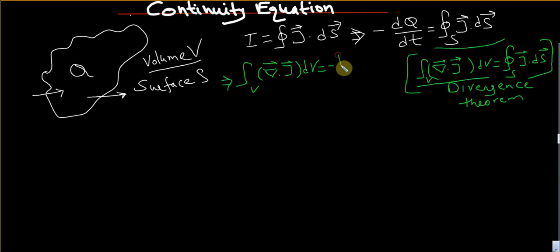So d by dt. This charge is enclosed in a volume V. So this charge is equal to the charge density integral. We have written Q is equal to this term. This is Q.